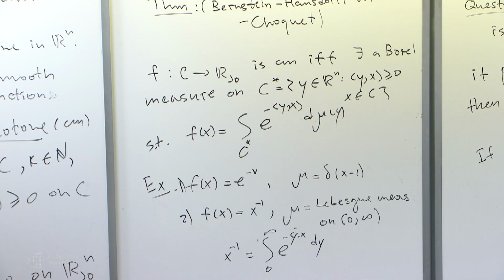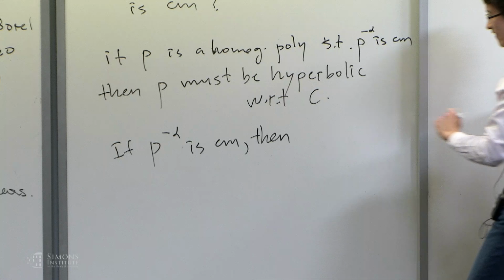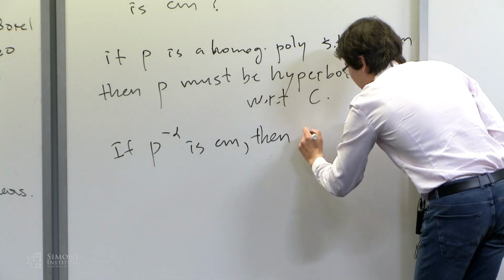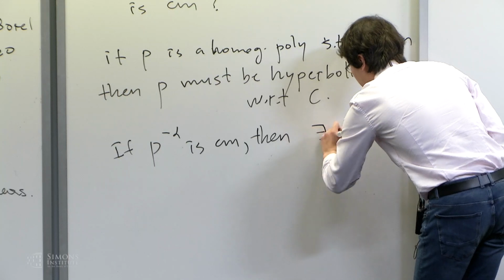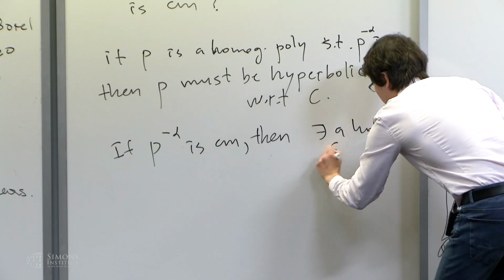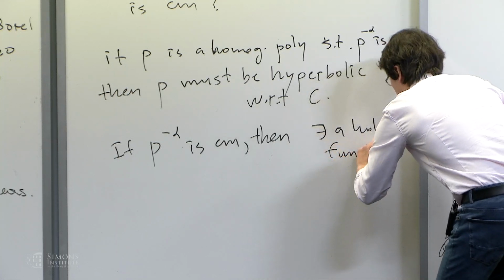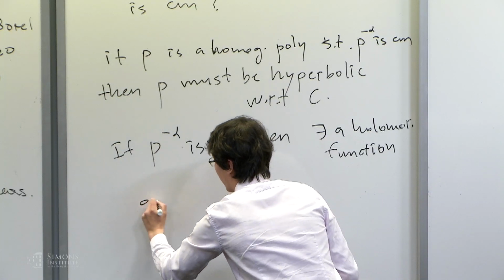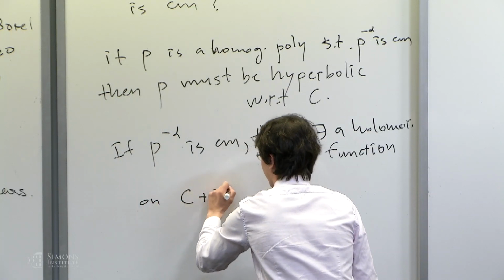This will be the only proof I'm going to present in my talk. If this inverse power is completely monotone, then there exists a holomorphic extension of this function on C plus i R^n.